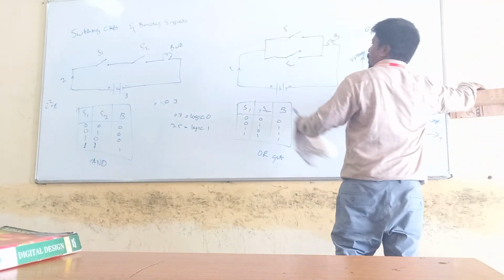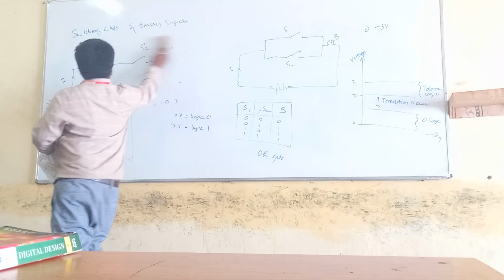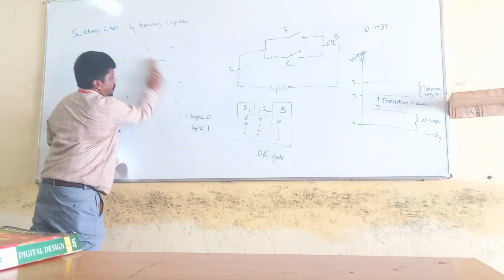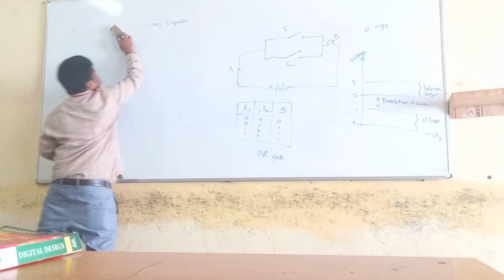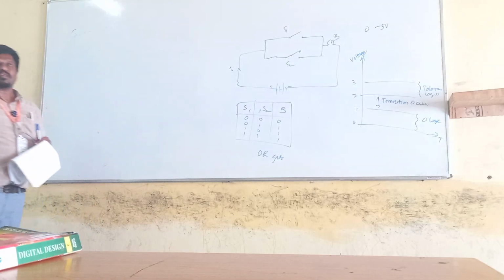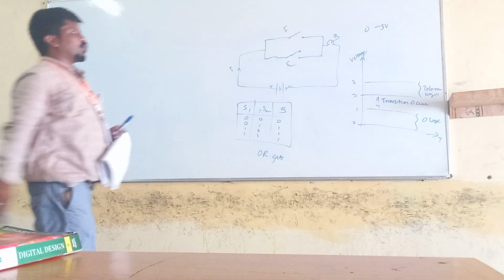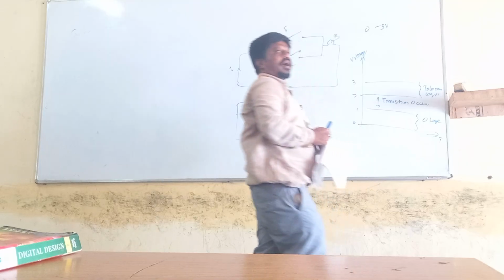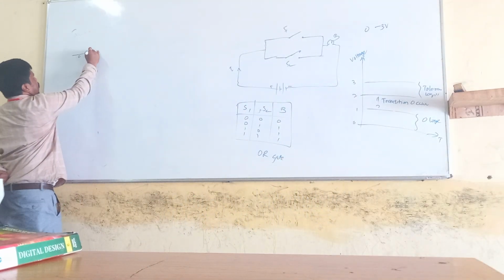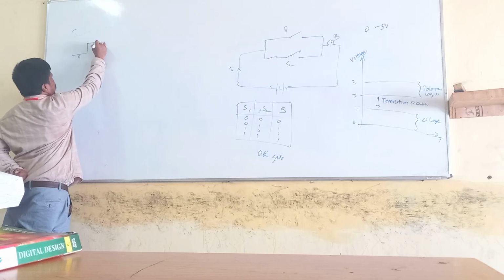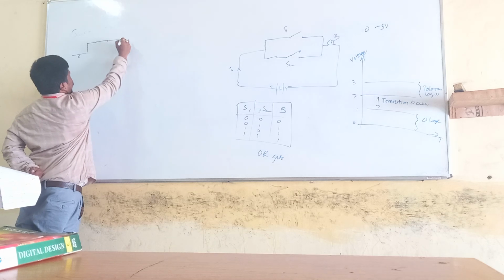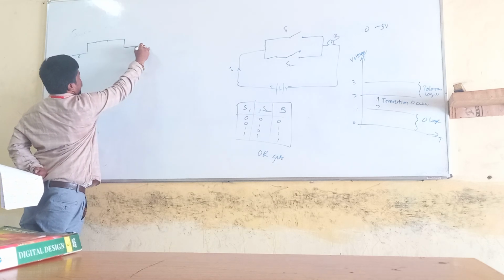This is all about how to implement logic gates in electronic devices. Now we will see how to apply these logic gates to signals also. If I have two combinations of signals, this one is 0, 1, then 1, 2, 3, 4.